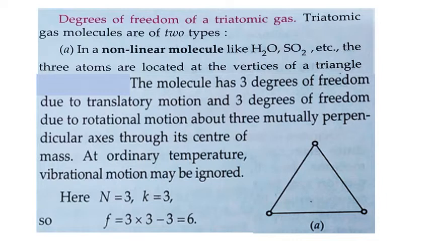Means the value of n will be 3 and the independent relations will also be 3. So by putting in the formula of degrees of freedom 3n minus k, you will get 3 into 3 minus 3 equals 6.